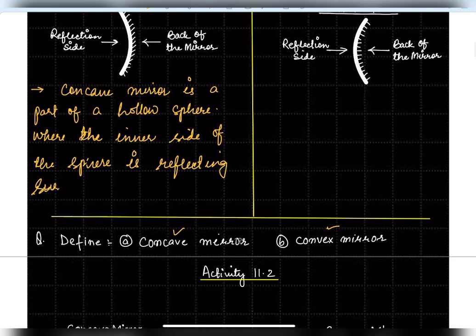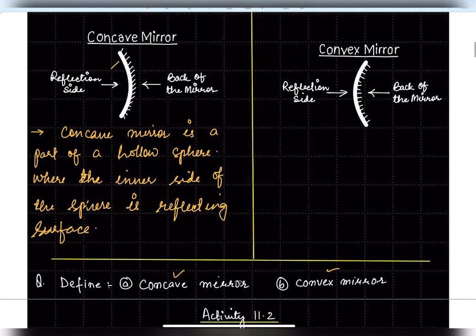Okay, inner part is the reflecting surface. Are you getting my point? The inner part is reflecting, the outside is not reflecting. Like a football, from inside it is reflecting, outside it is not. This is a concave mirror. Convex mirror is the same thing, but opposite.